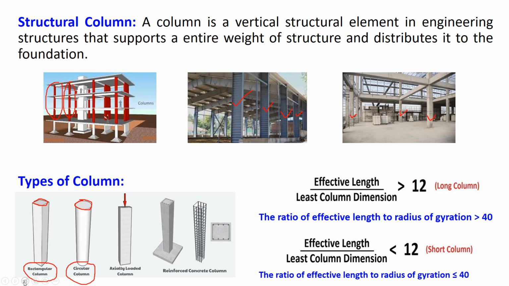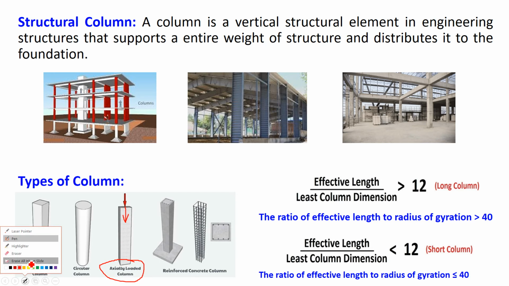Then based on the load acting on the column also, columns can be classified in two types. First one is the axially loaded column. In an axially loaded column, the axial load is acting exactly at the center of the column. That is called an axially loaded column.